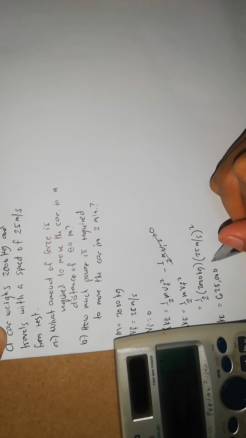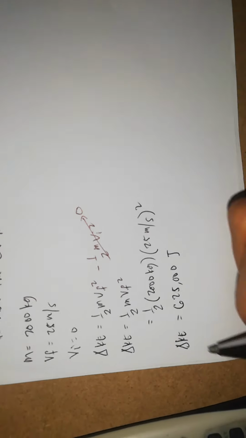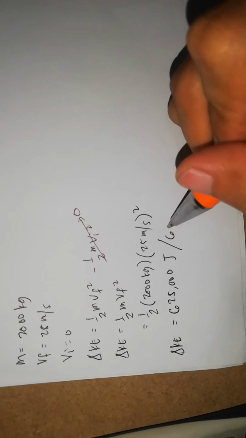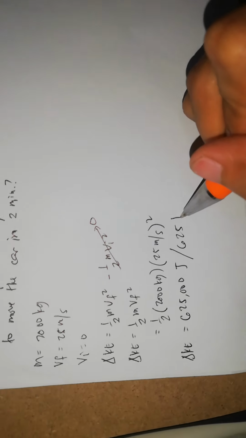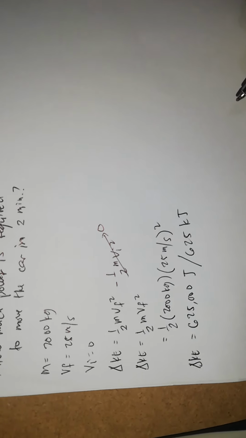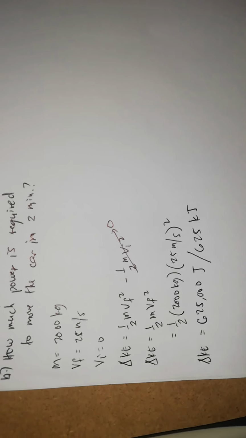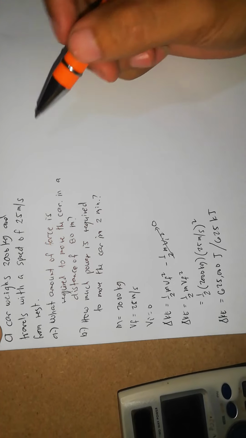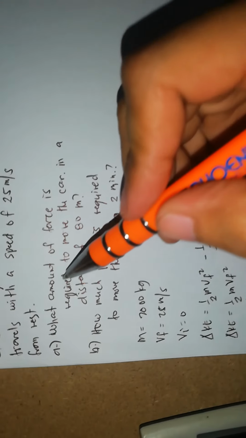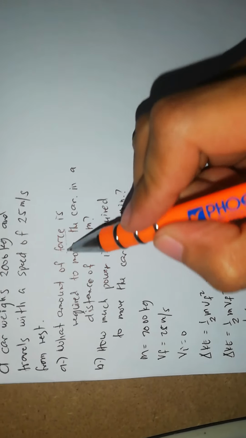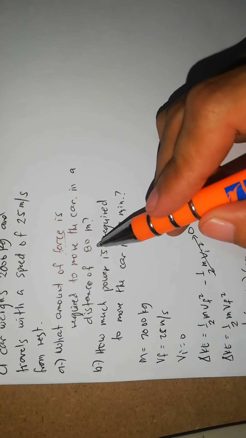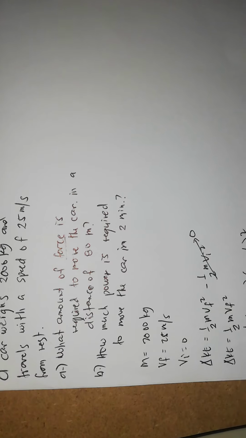Okay. Unit natin is joules since kinetic energy yan. Or we can rewrite this as 625 kilojoules. Okay? But wait, there's more. What is the amount of force needed to move the car in a distance of 80 meters.